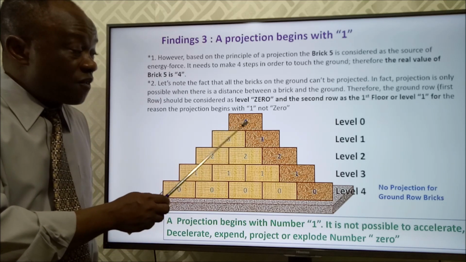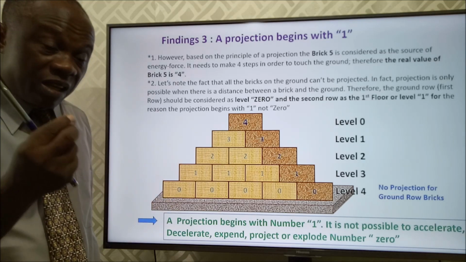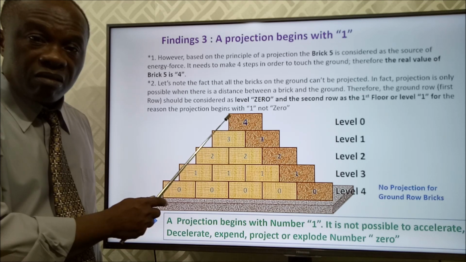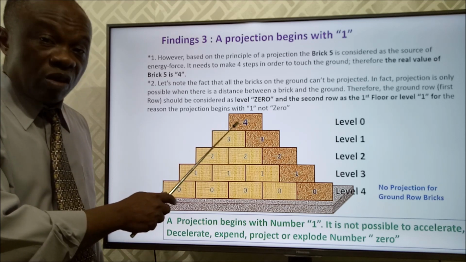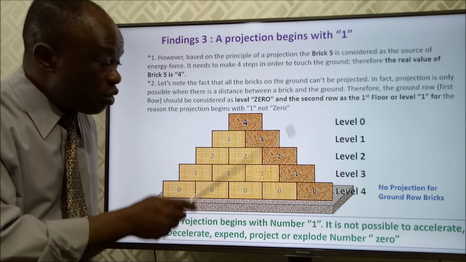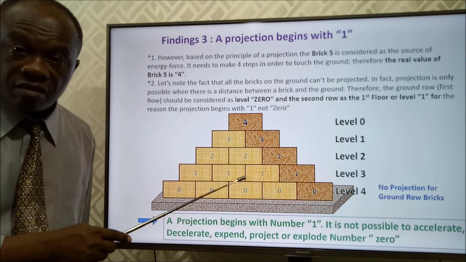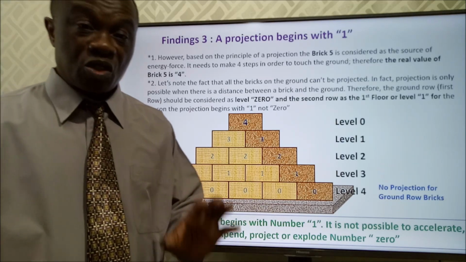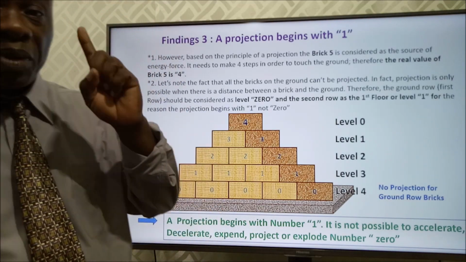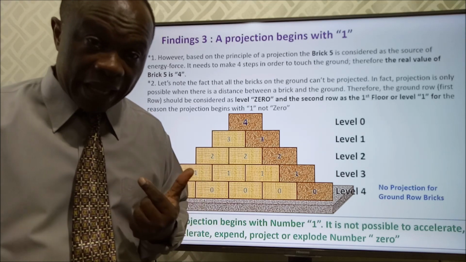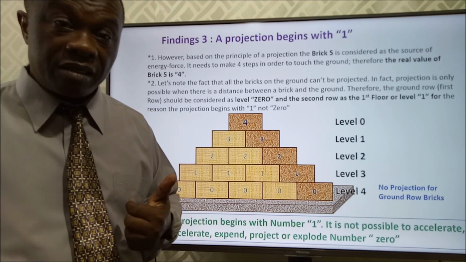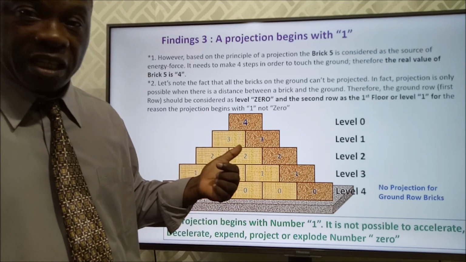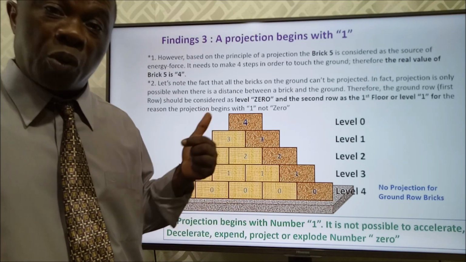So this number is very much related with the brick itself, because of its value 4, so it can make 4 steps. So now we know that 0 cannot be accelerated, decelerated, expanded, projected, or even exploded.